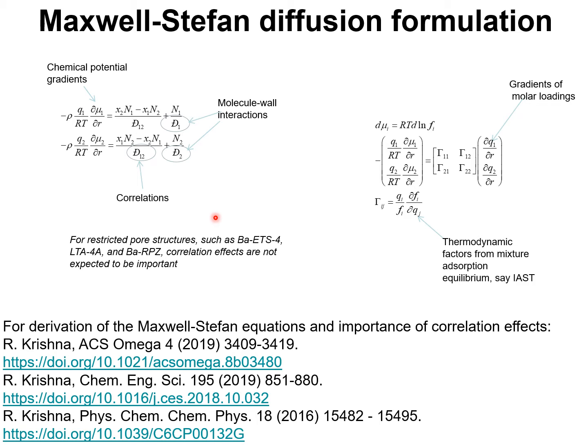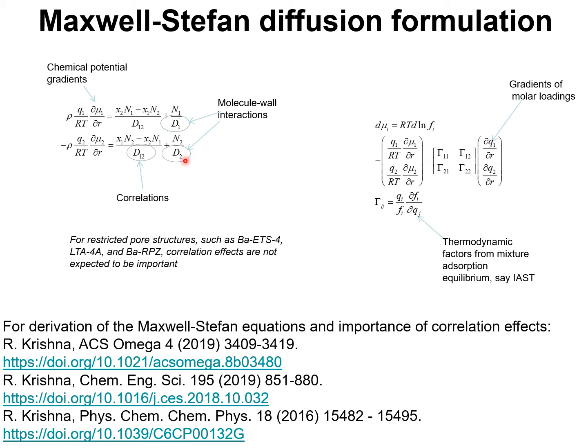The description of the intra-crystalline diffusion of nitrogen and methane within the pores of Barium-RPZ is described by the Maxwell-Stefan diffusion formulation. For a binary mixture, the Maxwell-Stefan equations are written in this manner, in which we define a set of three diffusivities.